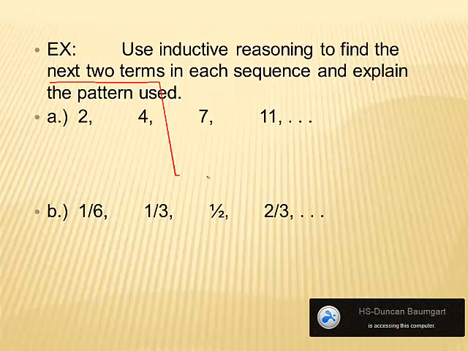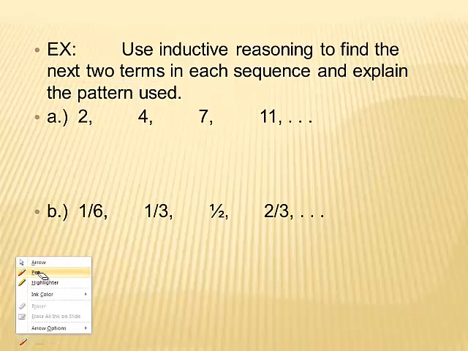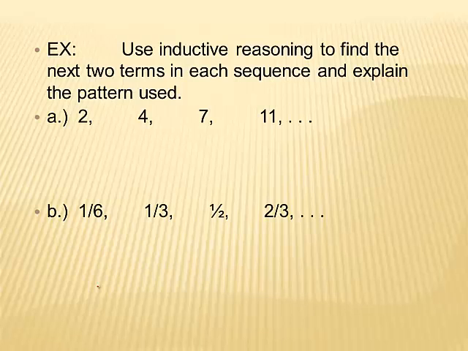So explanation in mathematics usually just relates to notating what's going on. So, for example, I look at this and I say, okay, well, going from 2 to 4, I'm adding 2. Going from 4 to 7, I add 3. So no pattern yet. Going from 7 to 11, I add 4.